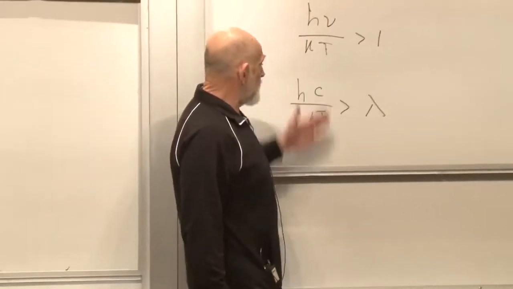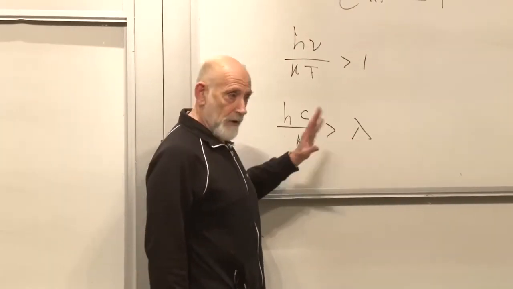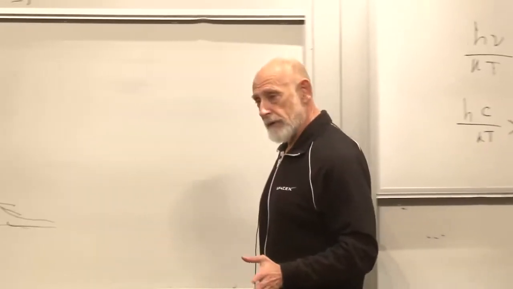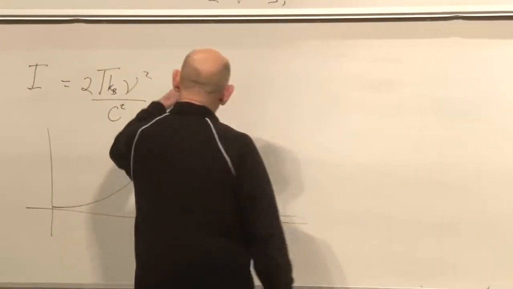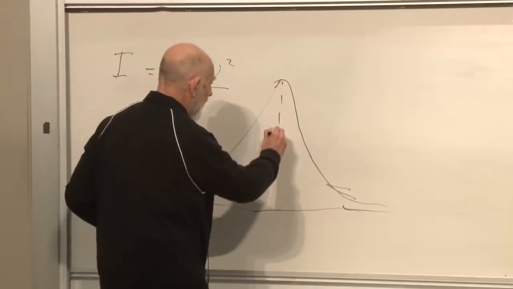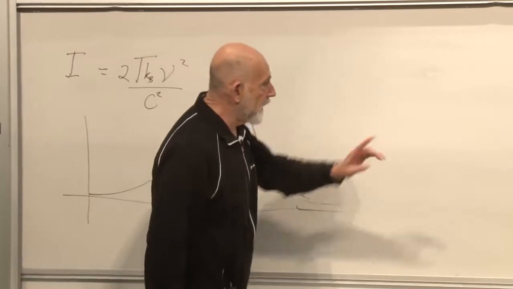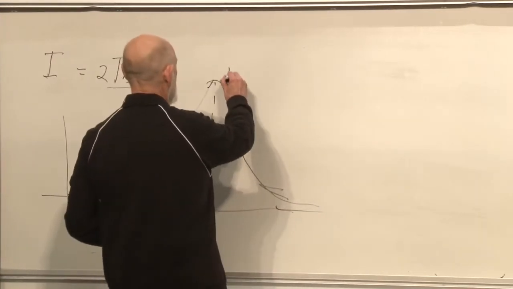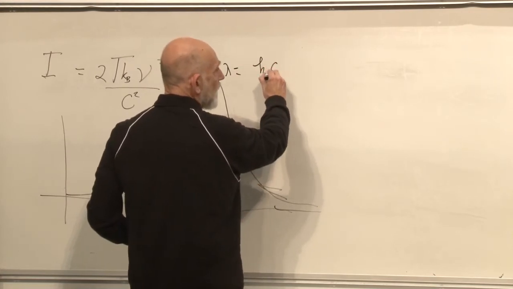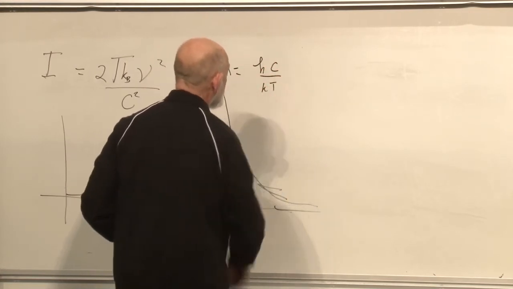So high frequencies or small wavelengths are strongly affected by quantum mechanics, and the spectrum is driven very quickly to 0. There's a crossover point. The crossover point is exactly at lambda equals hc over kT.